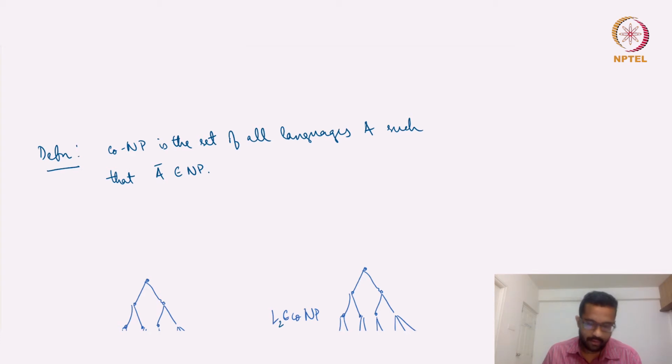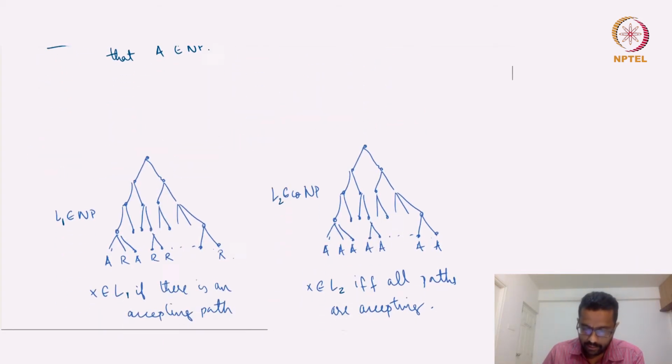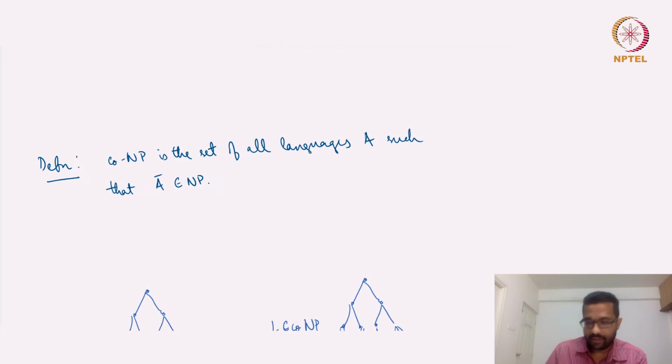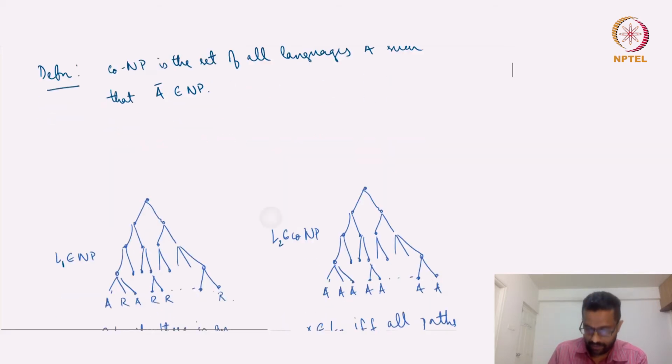If you have a language A whose complement is in NP, then A is in co-NP. So co-NP is the class of all languages whose complement is in NP.